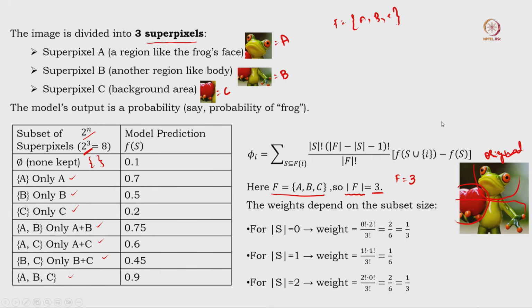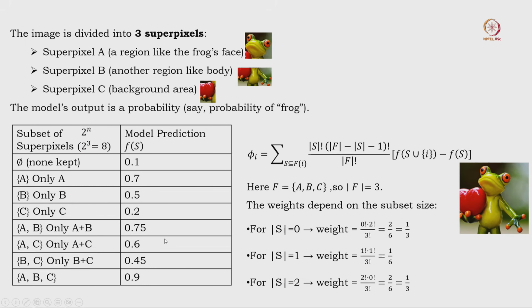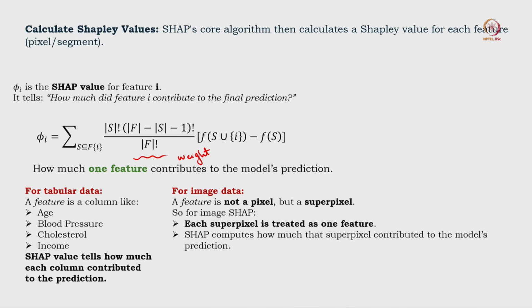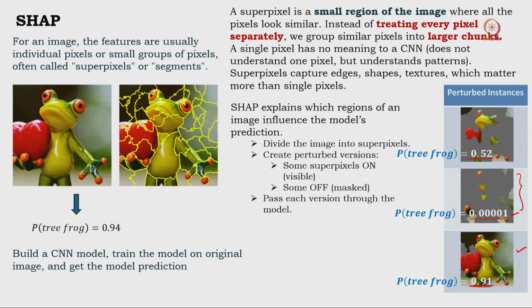Once we do this, how do we understand what exactly is the meaning of each of these? When we say it is a null set, it means you have not considered any of the superpixels. Sometime back you saw the perturbed instance, where no superpixels have been considered, and almost every region is masked.